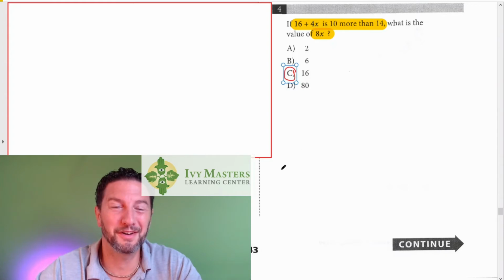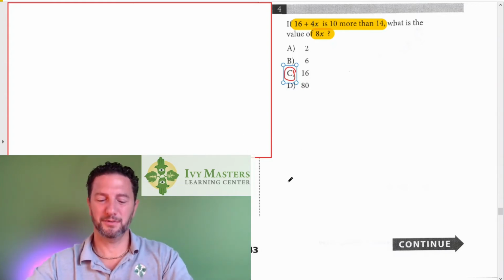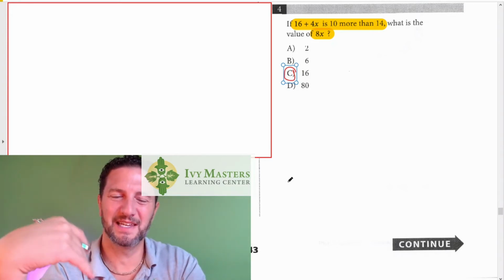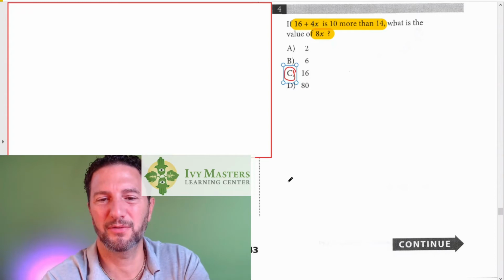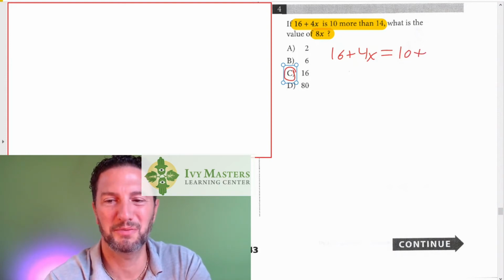But we are going to look at how to translate this question. First, you would write it out the same as it is said. So 16 plus 4x equals 10 more than 14. You know from back in the day, more means plus.